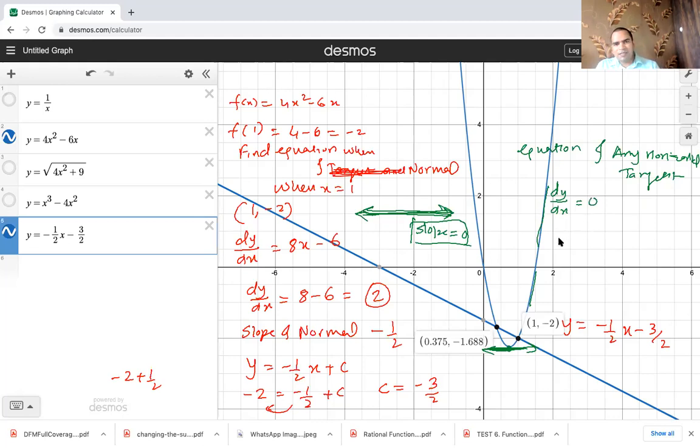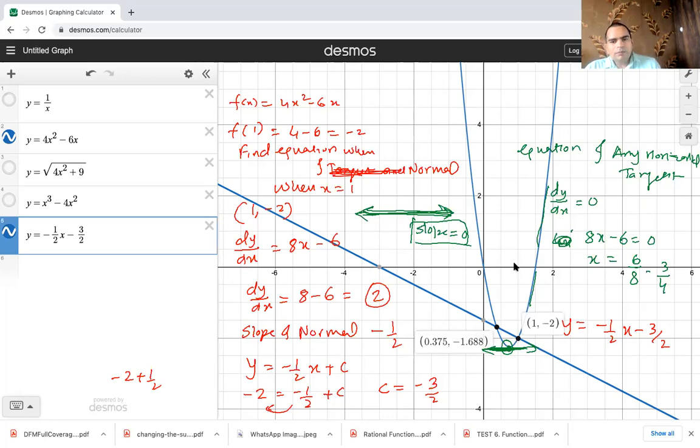The derivative of 4x squared minus 6x is 8x minus 6, equated to 0. So you get x is 6 upon 8, that is 3 upon 4. So the x coordinate at this point is nothing but 3 upon 4. We used to do minus b over 2a; you will still get the same answer with this method. So you do the derivative, equate to 0, and you get the x coordinate of the vertex. This is a shortcut you can take.